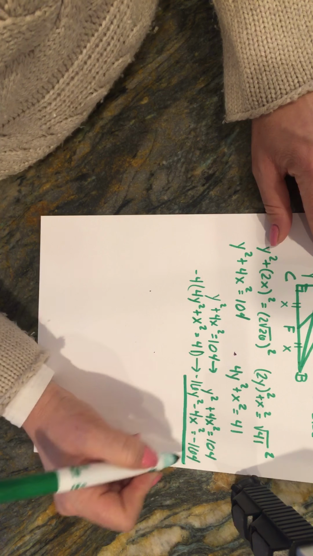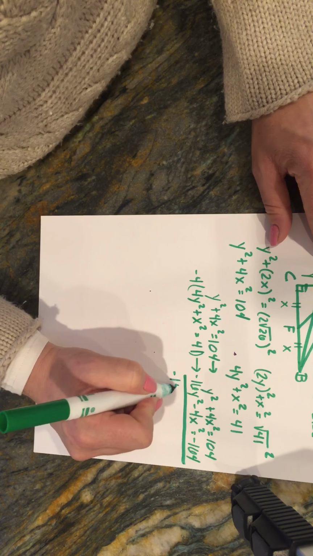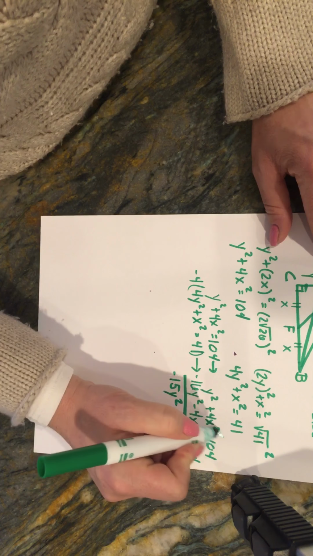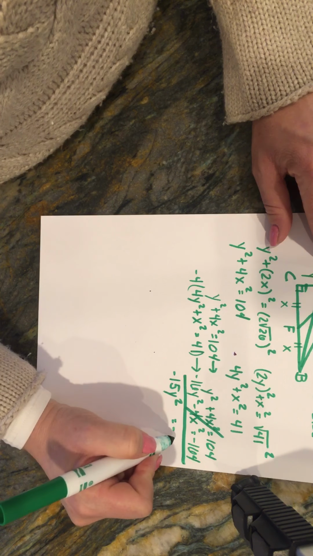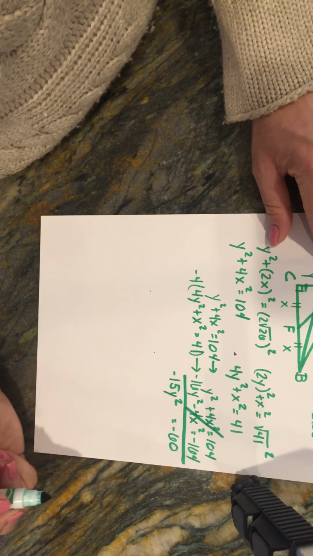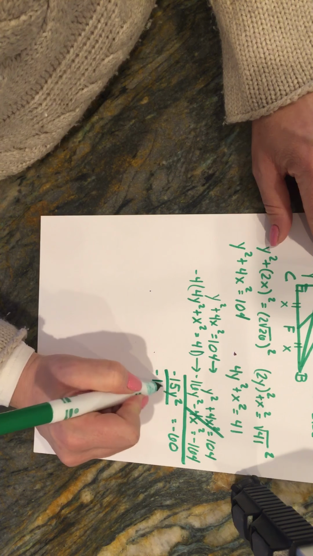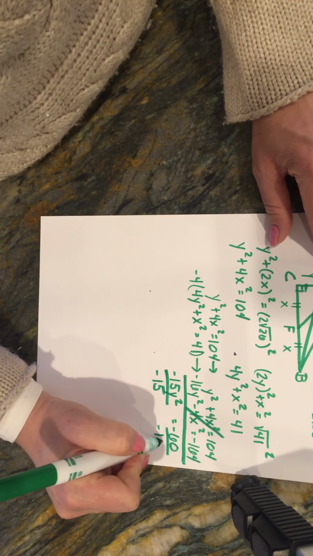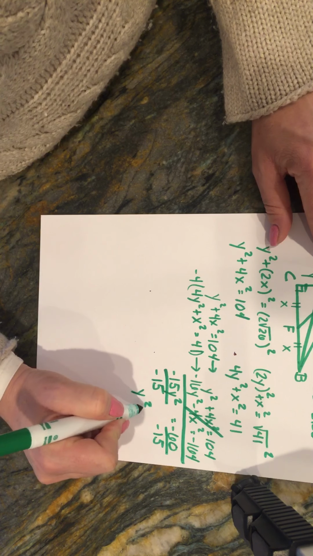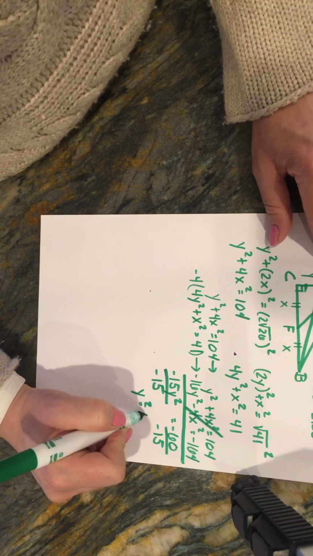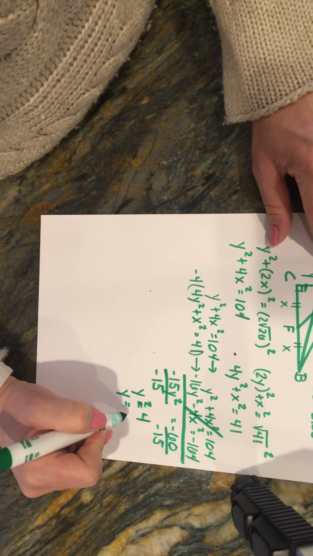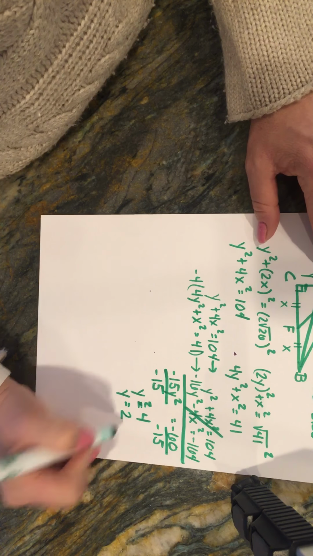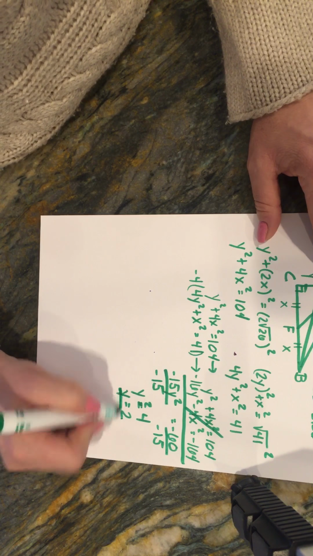All right, we'll combine those two. So this is -15y squared. X squareds have now subtracted, and that gives us -60. Divide by -15. So y squared equals 4. So y equals plus or minus 2, but we're talking about distances, so we'll take the positive.